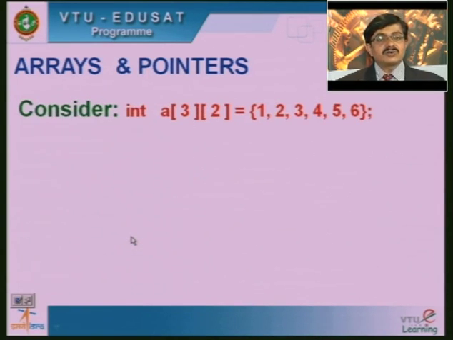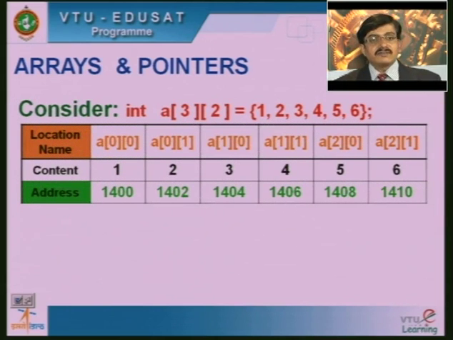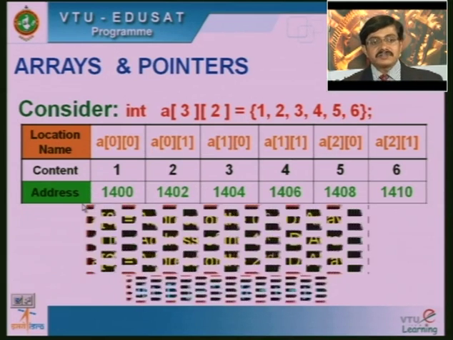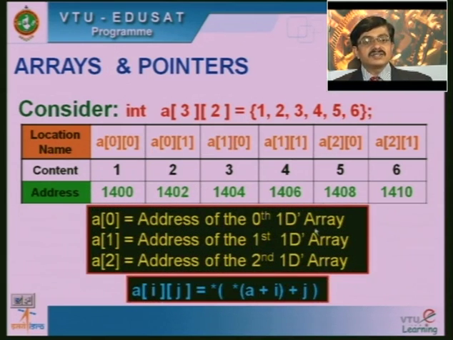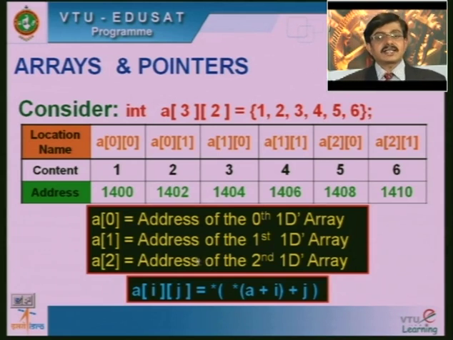Now, consider a 2-dimensional array of integer elements. Here A of 0 0, A of 0 1, A of 1 0, A of 1 1, A of 2 0, A of 2 1. Here we have 3 rows and 2 columns. So this is the 0th row, first row and the second row. Here A of 0 will hold the address of the 0th 1-dimensional array, A of 1 will hold the address of the first 1-dimensional array, and A of 2 will hold the address of the second 1-dimensional array.